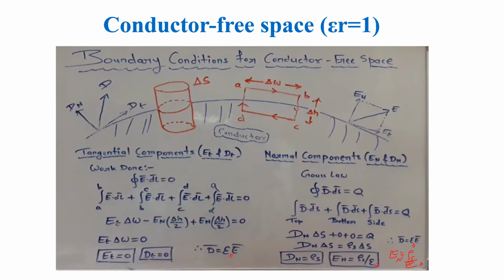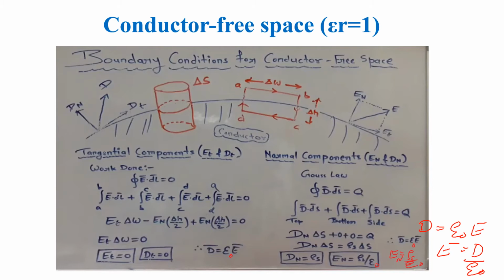But we know that D equal to epsilon 0 E. Therefore, E equal to D divided by epsilon 0. So the normal component of electric field En equal to rho s divided by epsilon 0.